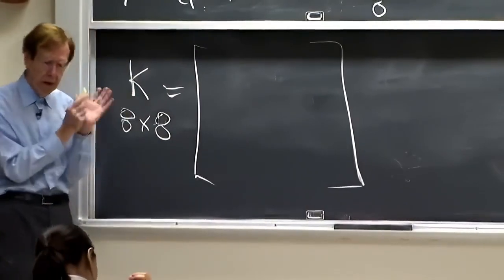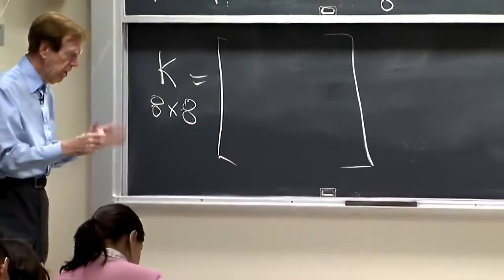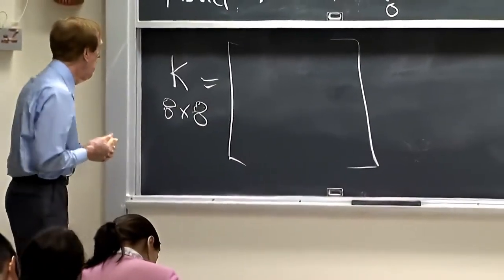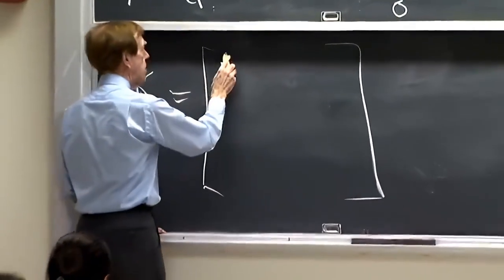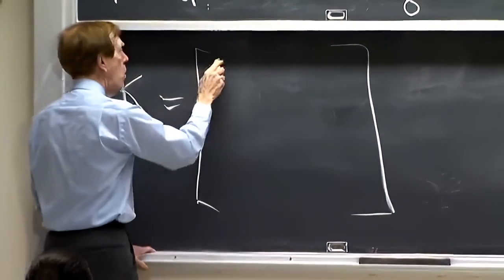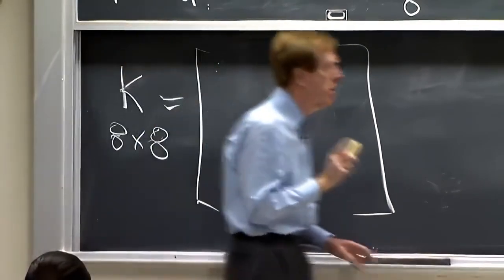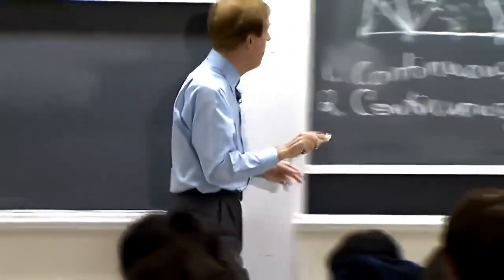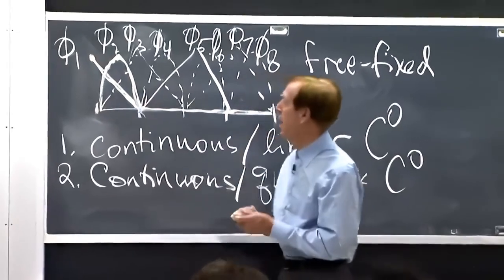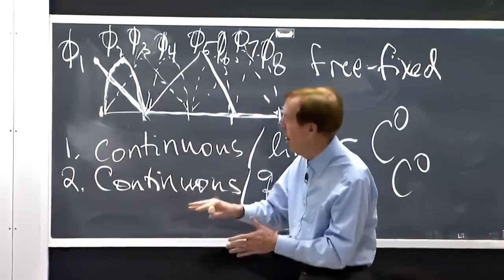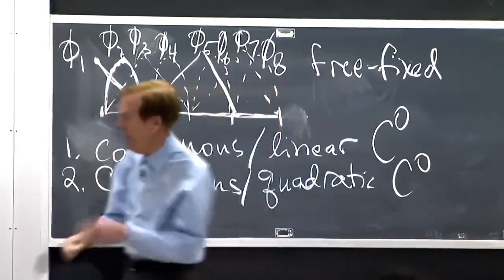Because if you get that point, you see the way things come together. So I'll just put a little x for non-zero. So K1,1. What's that first row of K? It's coming from the first function integrated against itself, K1,1.